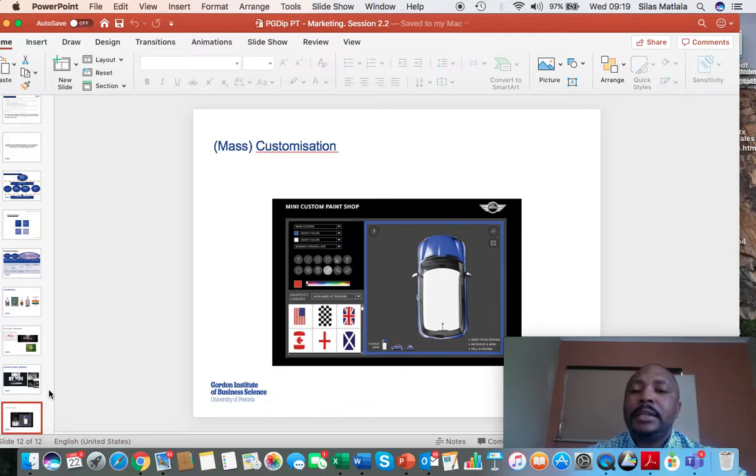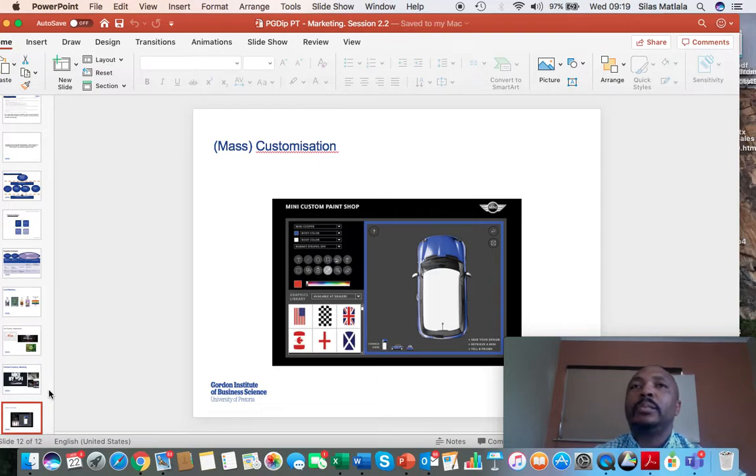It's an example where a mass produced product, like a Mini, where we produce thousands and thousands of them that look the same, and then we can customize them. An example would be the flag on top of the roof, the flag on the side mirrors, or a color coded Mini. So that would be an example of mass customization.